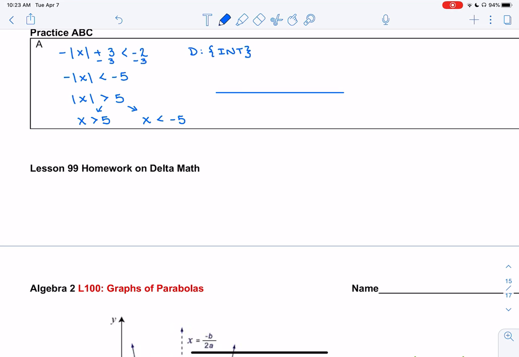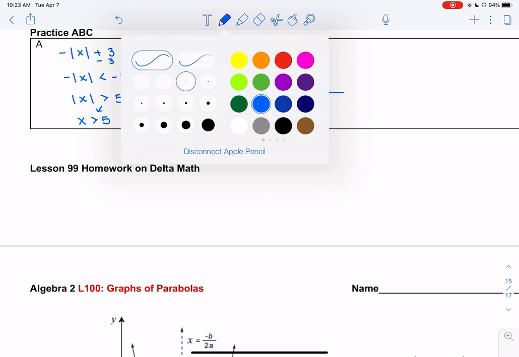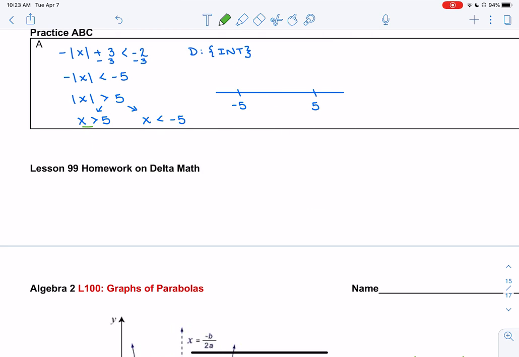I note that it's from a -5, +5 perspective. And then that first one is greater than 5, which means I'm going to have an open circle heading off to the greater than side. The second one is a less than -5, so I have an open circle heading toward the less than numbers.